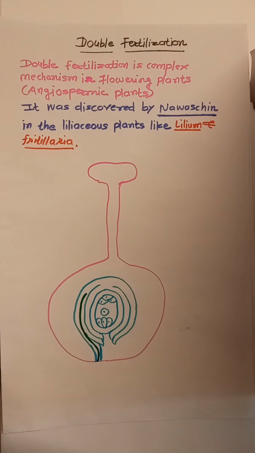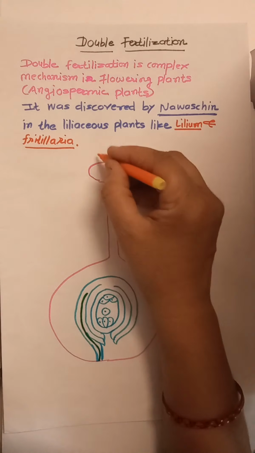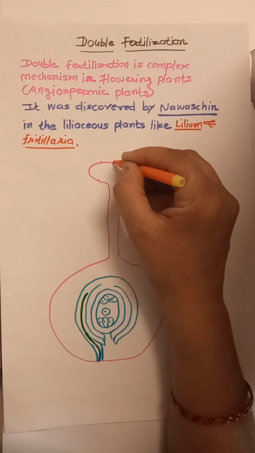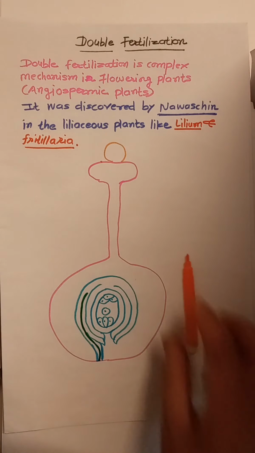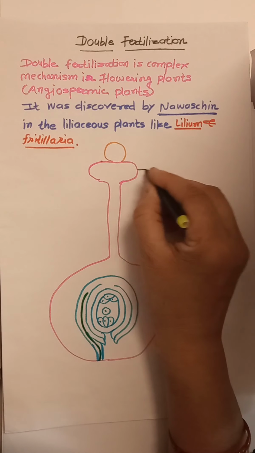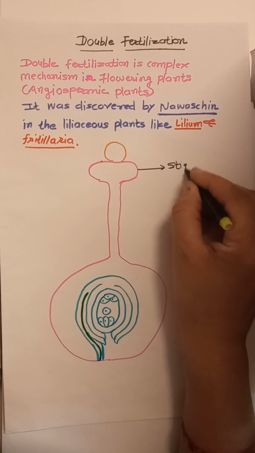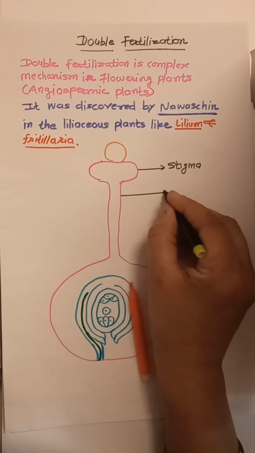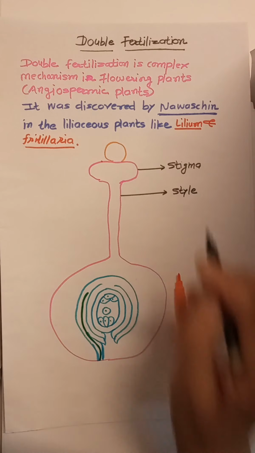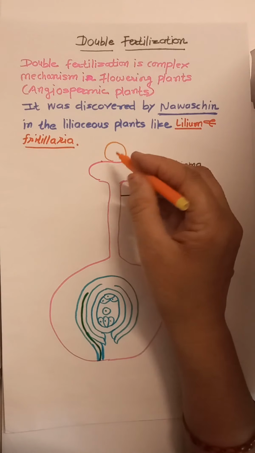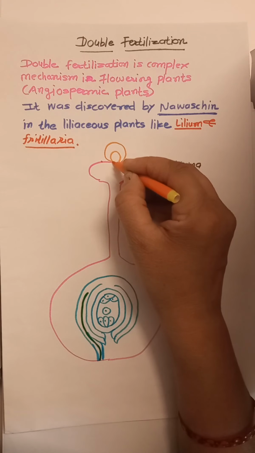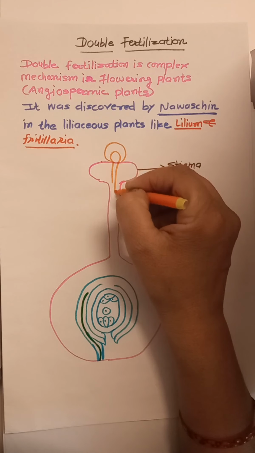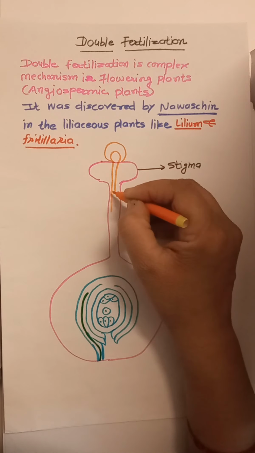When pollen grains are deposited on the stigma, these pollen grains germinate and this is pollen tube, which comes out through the germ pore of the pollen grain.